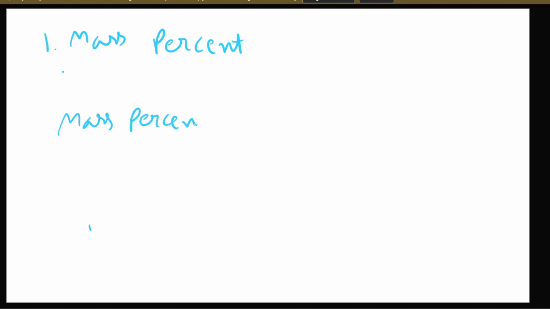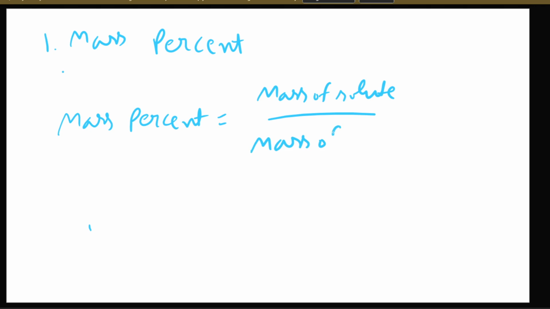So the first term is mass percent. Mass percentage is equal to mass of solute divided by mass of solution, multiplied by 100.